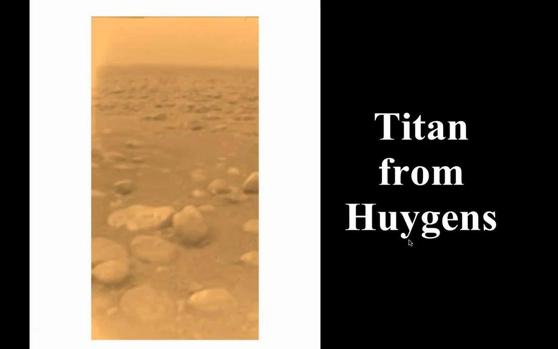Now, Saturn has an interesting satellite going around it. We'll talk more about that in the section on Saturn and the other Jovian planets. But Titan has the possibility of life. Life there is not going to be like life here. These rocks that you see are basically water.